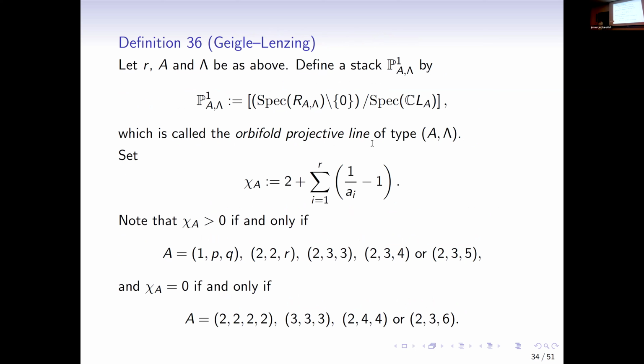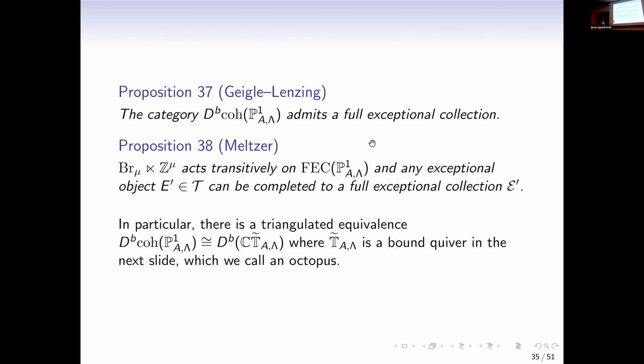I want to consider these two cases, a positive case and a zero case. The first part corresponds to the affine case, and the second part corresponds to the elliptic case.